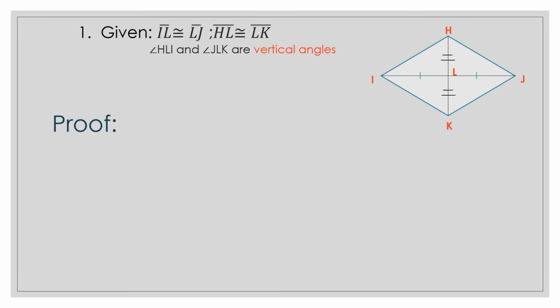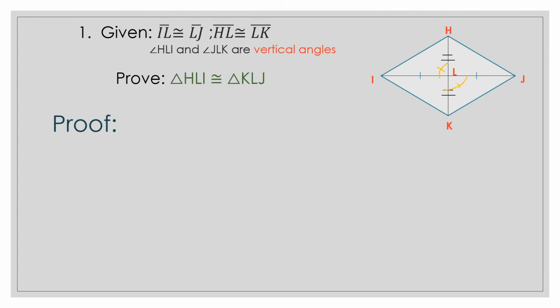So it's better if you will mark them immediately so that it's easy for you to identify. Okay, so in here we already have the congruence, IL and LJ, then HL and LK, and it says also that HLI and JLK are vertical angles. Okay, so we have all those.